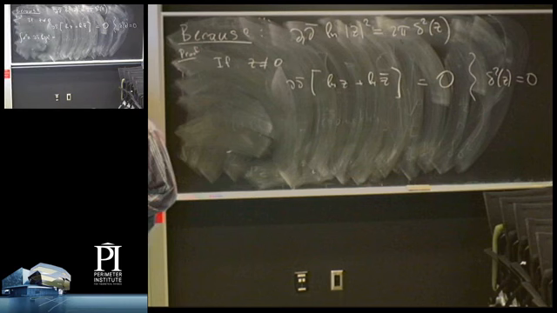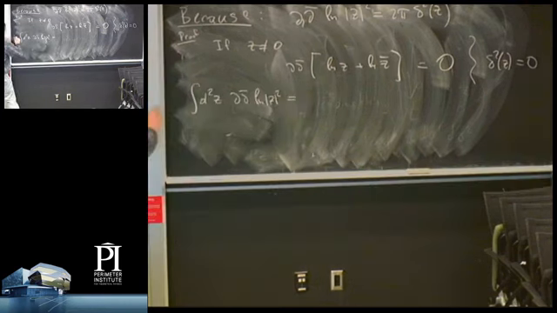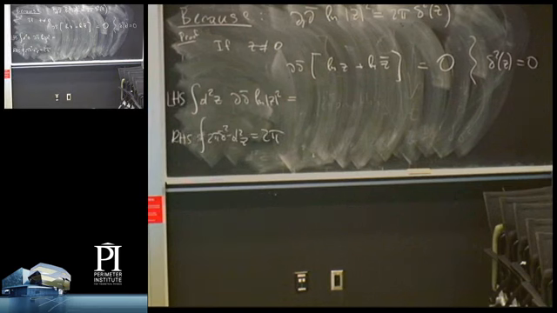Okay? So this is the left-hand side. And the right-hand side is going to be the integral of 2 pi delta2 d2z. It's going to be equal to 2 pi, because the way we defined our delta function is that the integral of the delta function equals 1. Okay, so let's go ahead and compute the left-hand side.